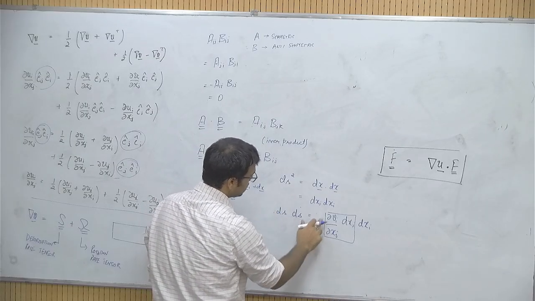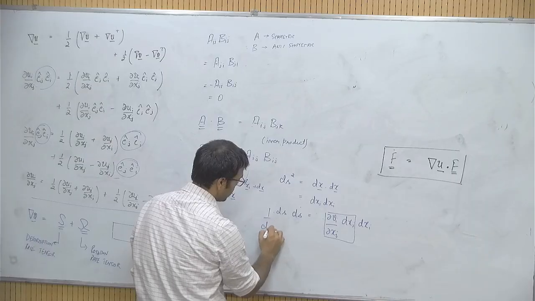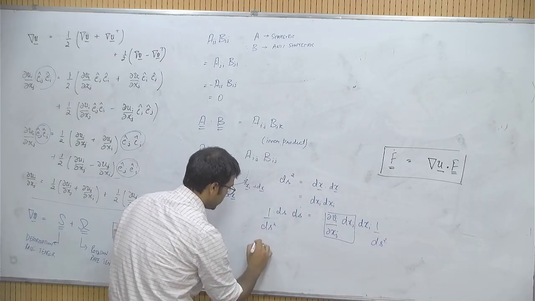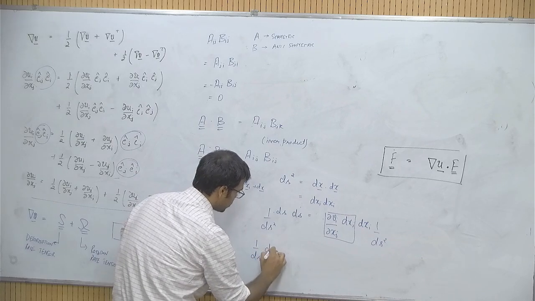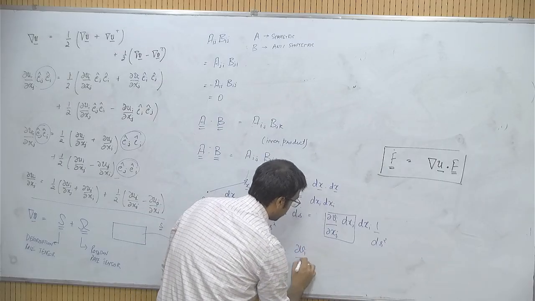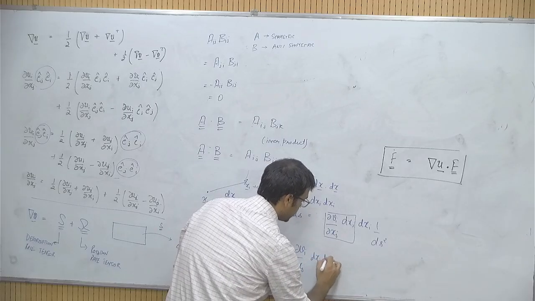So the 2 cancels out, and I can divide by ds square on both sides, and what I get is 1 by ds times ds dot is equal to del vi over del xj dxj dxi.